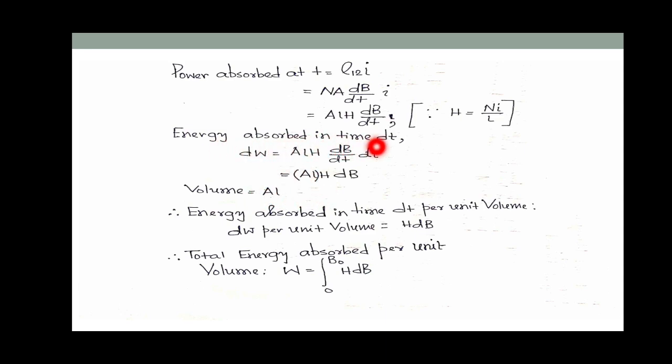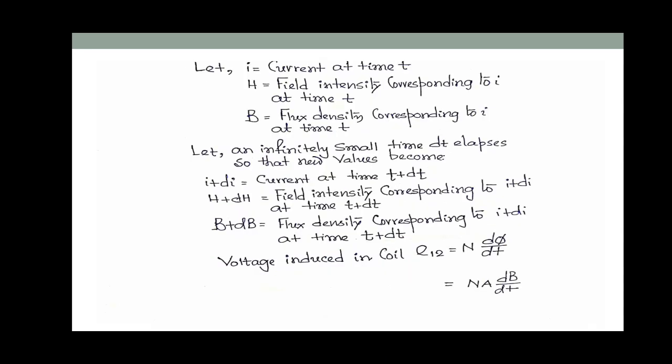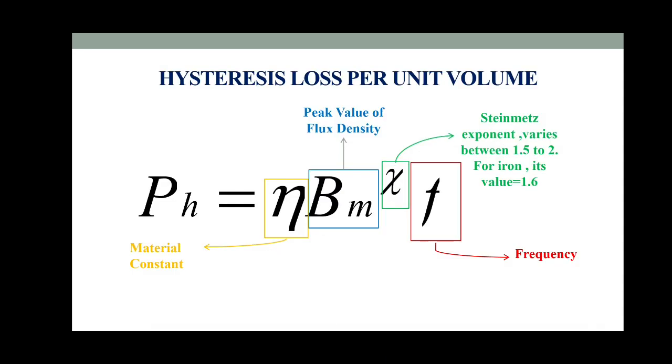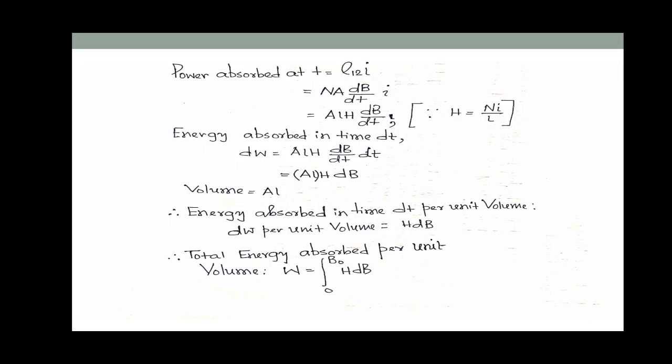Now energy absorbed in time dt will be this and the volume will be this, obviously. So energy absorbed in time dt per unit volume will be this. So energy absorbed per unit volume will be the integration from 0 to B of H into dB.